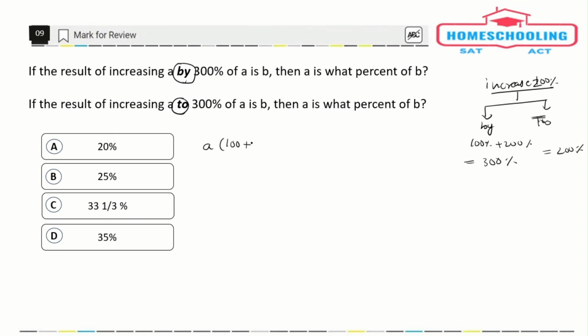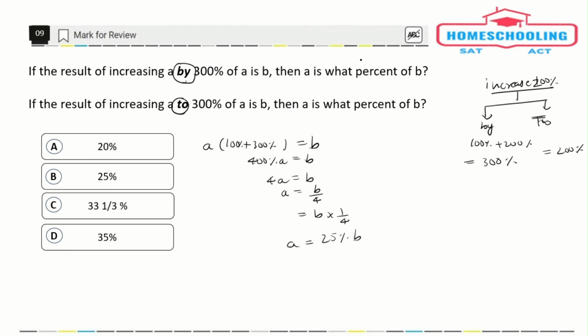So 100% plus 300%, that is 400% of A is B. So we can also say that 4A is equal to B. So A is equal to B by 4, or we can say 1 by 4 of B.